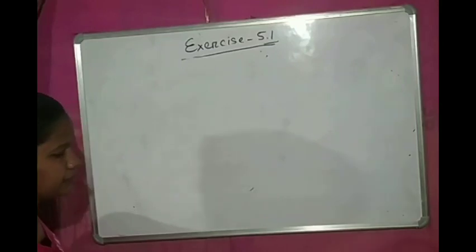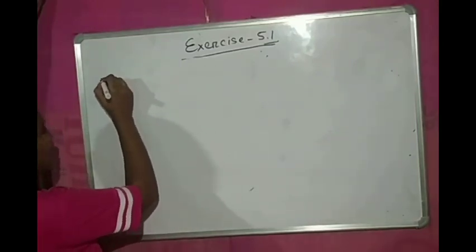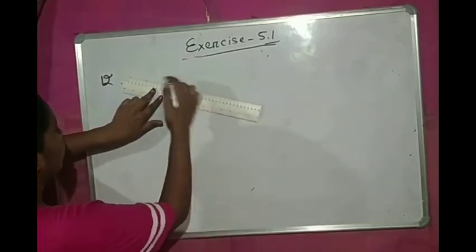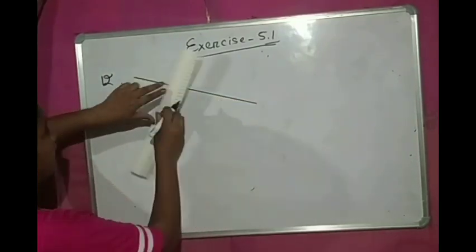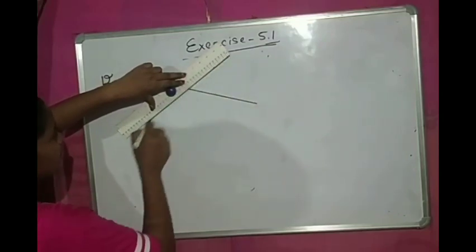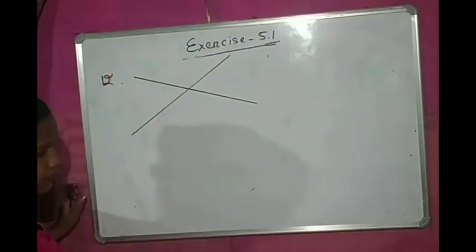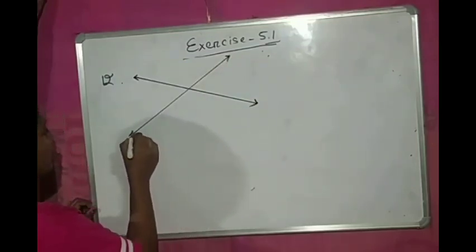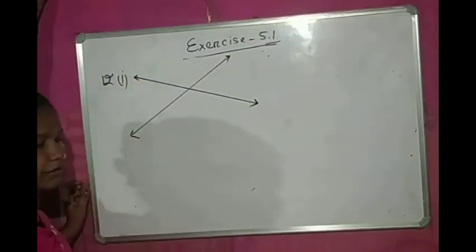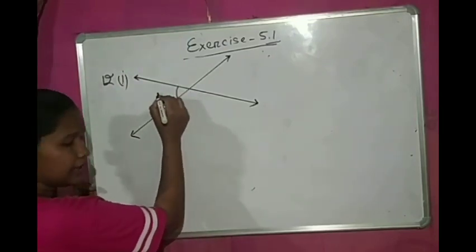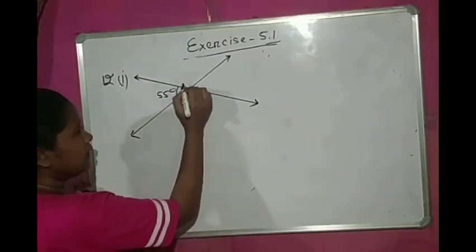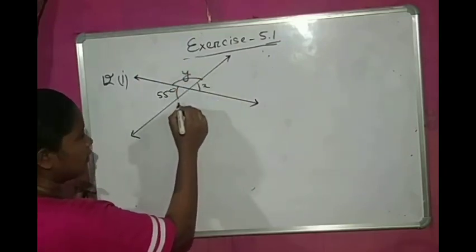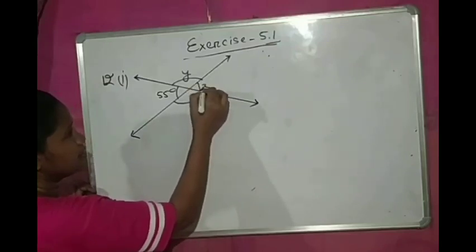Let's move to question number 12. In the first figure, one angle is given as 55 degrees, another one is x, another y, and this is z.